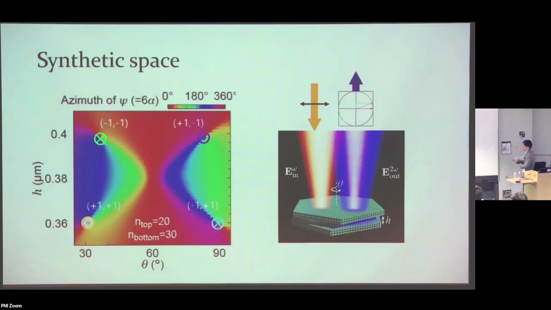Which basically means that my flake or two flakes here is now imparting some chirality into the light that is generated through this nonlinear process, which is expected because the system is chiral. As we said, when we twist them, it becomes a chiral thing. If you don't have any twist, then this is never going to happen.